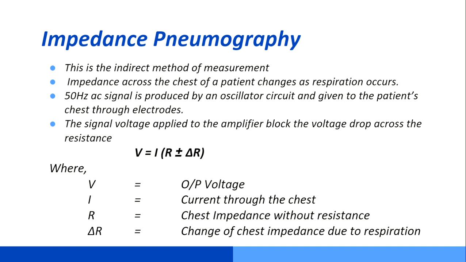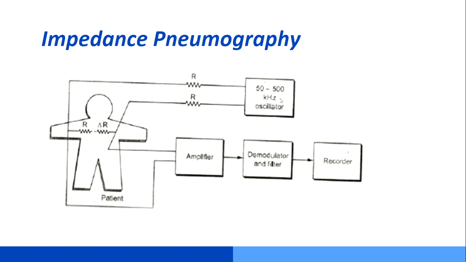Here the oscillator generates a 50 Hz AC signal, which is applied through the electrodes on the chest, and the voltage drop generated with respiration is amplified and demodulated to give the desired output.